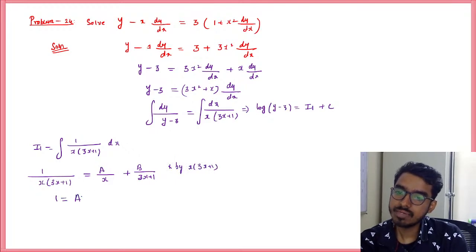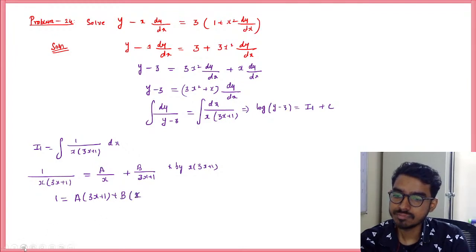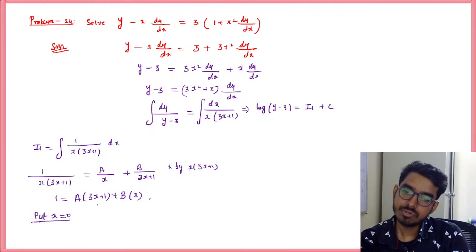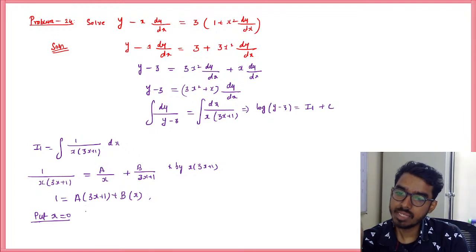So we have 1 is equal to a into 3x plus 1 plus b into x. So we need to find the values of a and b. So put x is equal to 0. So therefore our a will be equal to 1.